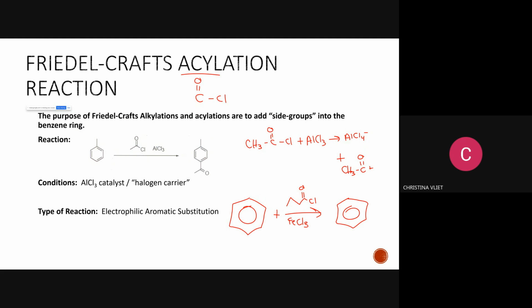It has to add here at the double bond. So the double bond has to be on the first carbon from the benzene ring. So it would be like this. And this is 1, 2, 3. That's how it would add.